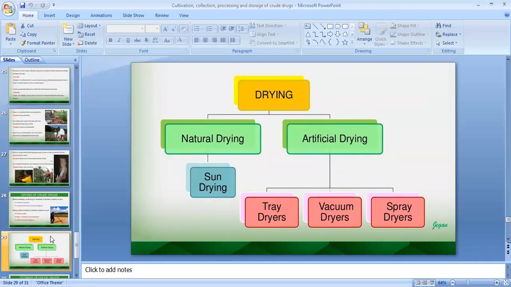In natural drying, we can dry the herb in the sun. This is the natural method of drying, and the artificial methods of drying are the tray dryer, vacuum dryer, and spray dryer. We can use different types of dryers for the drying of the herbs.